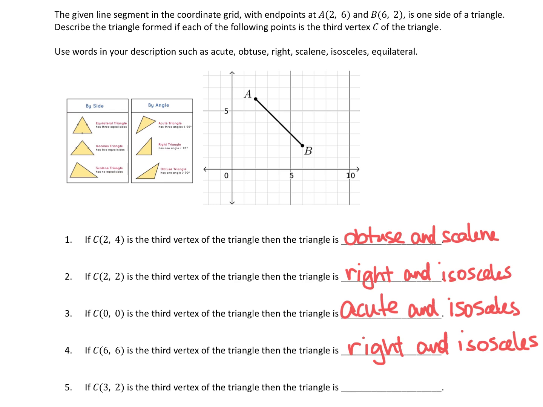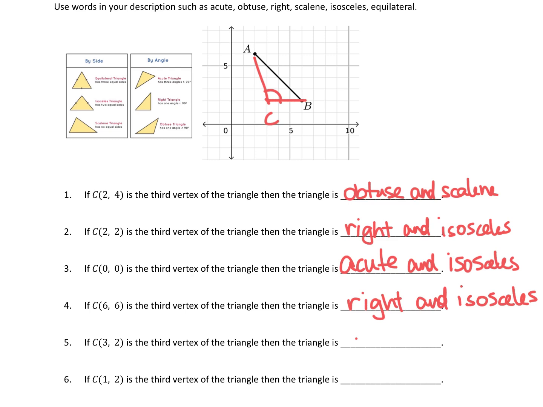Okay, so 5, we put C at 3, 2, so right here. So that is our new triangle. That looks like an obtuse angle right there. So we'll say obtuse. And none of those sides look equal, so that'll be scalene. Okay. Our last one has the point at 1, 2.